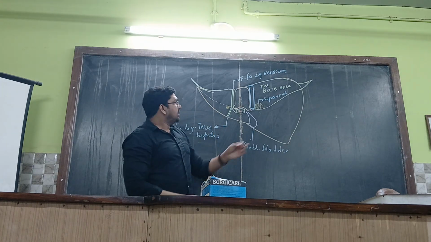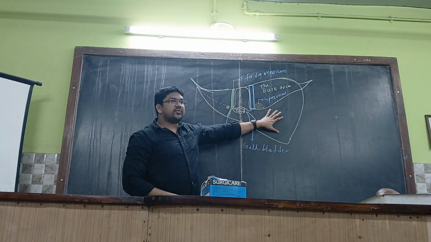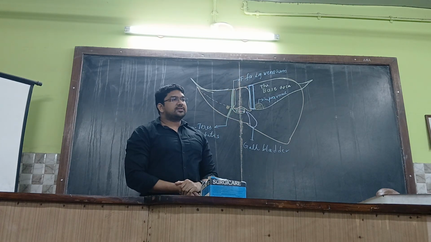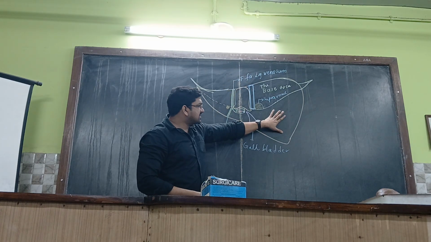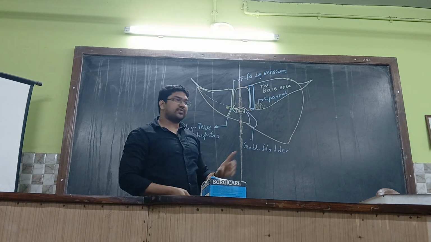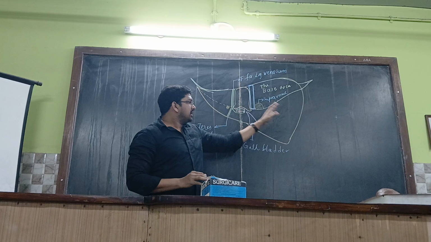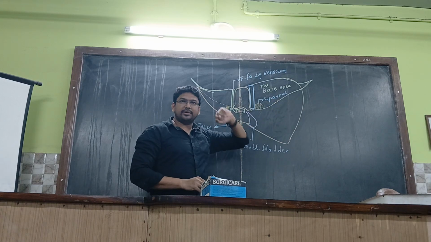So that's why other than the inferior surface, the rest of the surfaces come under parietal surfaces, and the inferior surface is termed a visceral surface because it comes in contact with the viscera of the abdomen, like the stomach or duodenum.